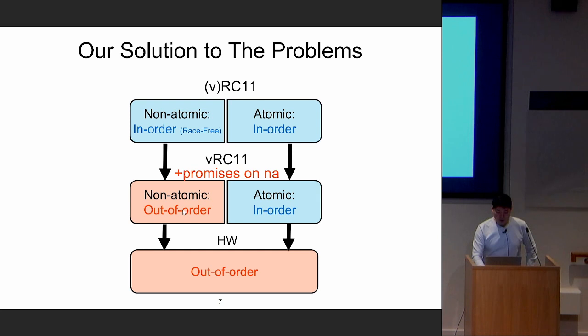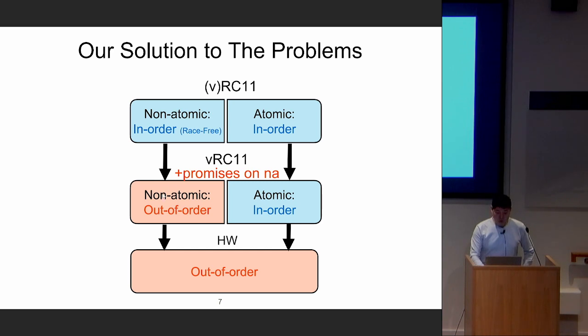So we use promising semantics on non-atomics, and in-order semantics for atomics. Atomics are the same between source and IR, but the non-atomic semantics are different. In the source, it's a catch-fire in-order semantics, but in IR, it's promising semantics on non-atomics.